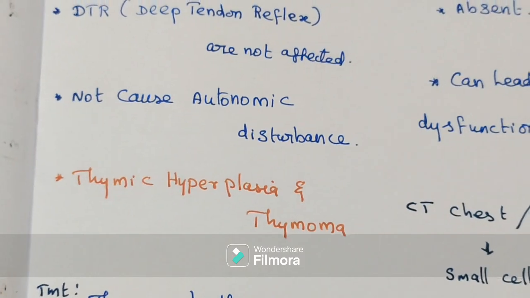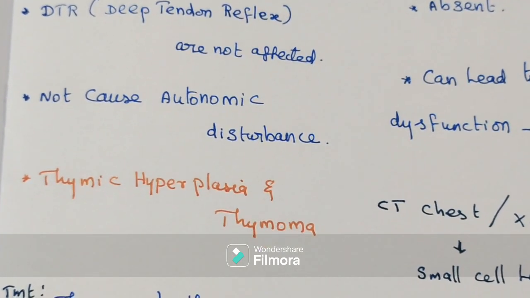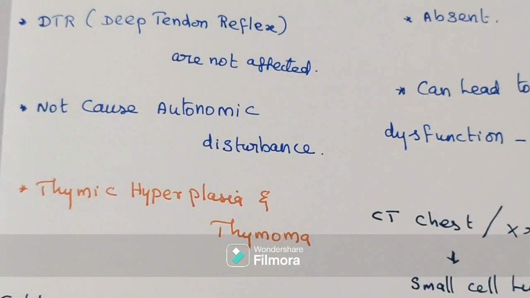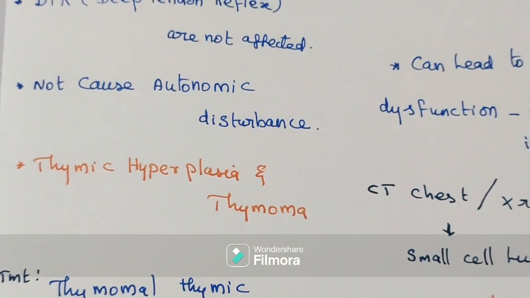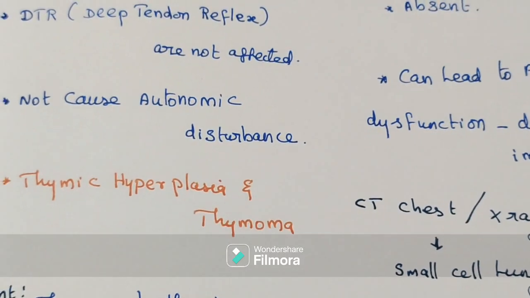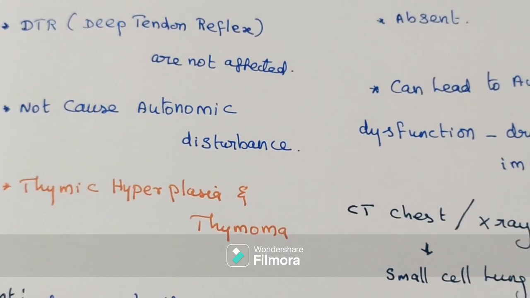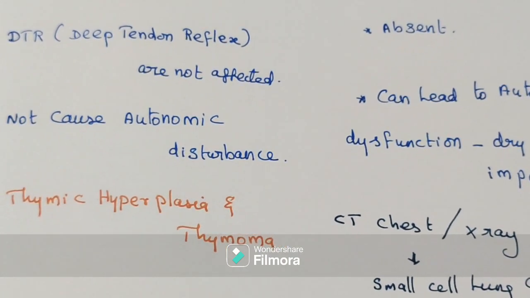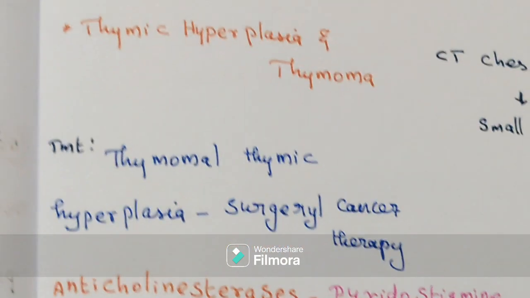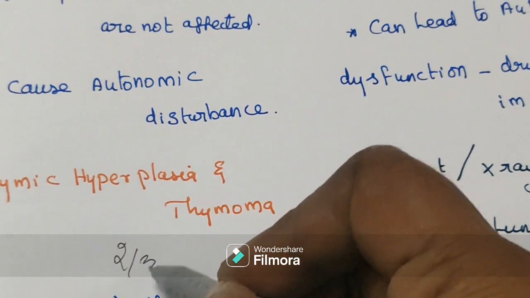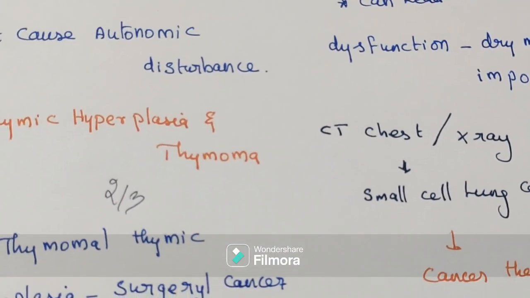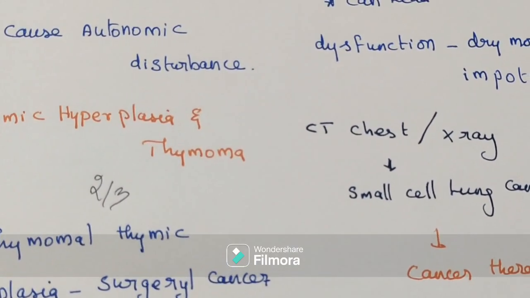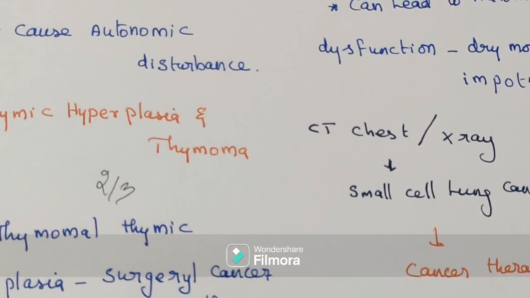It is important to do a CT chest to check for any thymic hyperplasia or thymic gland tumor in myasthenia gravis patients. Two thirds of young people with myasthenia gravis have thymic hyperplasia and about 1 in 10 have thymoma.